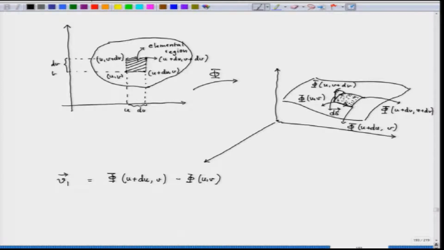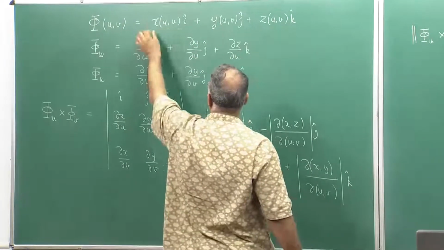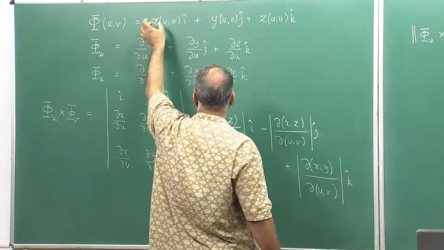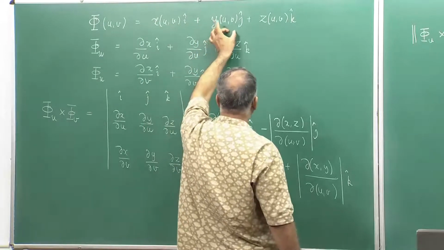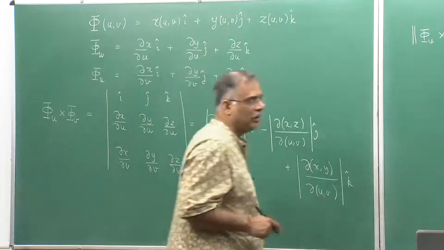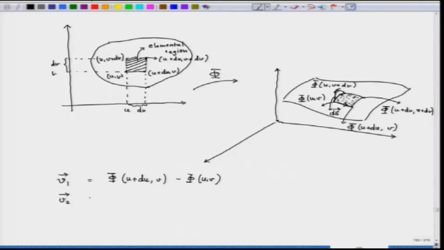So here basically you are putting u plus du. When you do a first order Taylor expansion and forget about the errors, what remains is del x by del u du, del y by del u du, del z by del u du. And the v2 vector, whose cross product I will also take, is phi of (u, v plus dv) minus phi of (u, v).